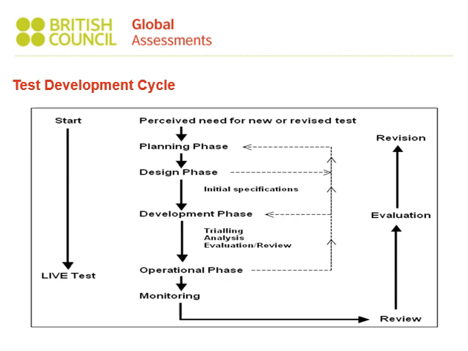Once the tasks have been quality assured, that doesn't mean that they're ready for live testing. You can see here in that development phase, there are still 3 stages they need to go through: trialing, analysis, review. So what this means is that once the items have been produced, once they've been quality assured, we know that we think they are okay, but they still haven't been tested on a real person, and this is what trialing is for.